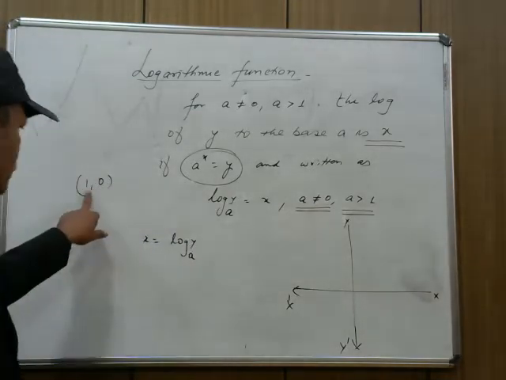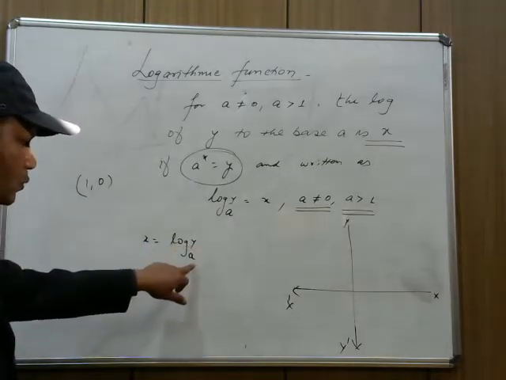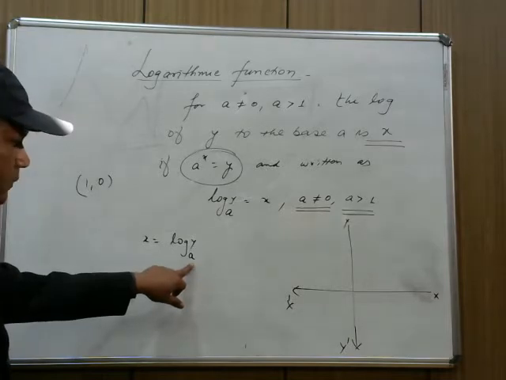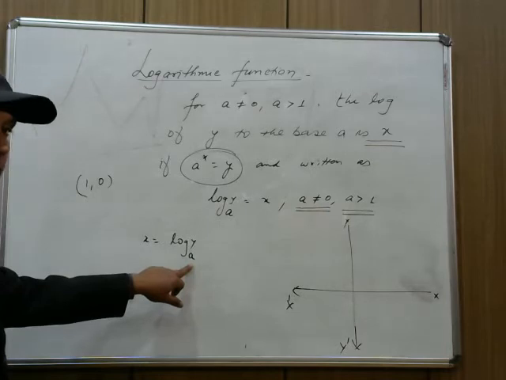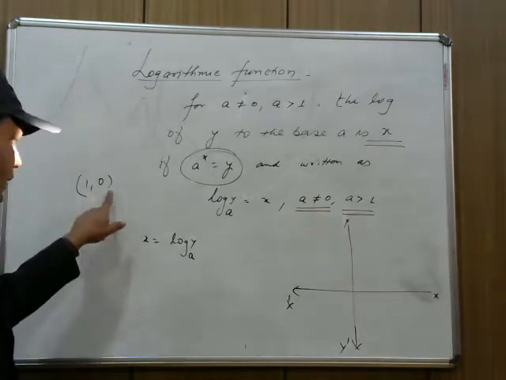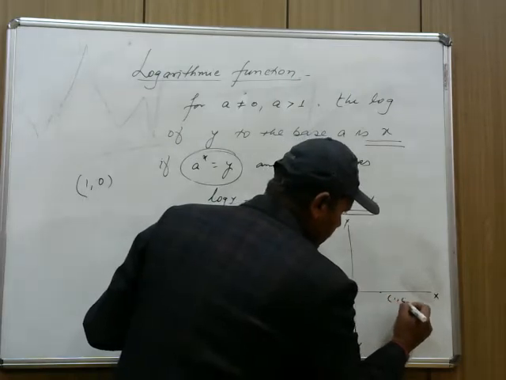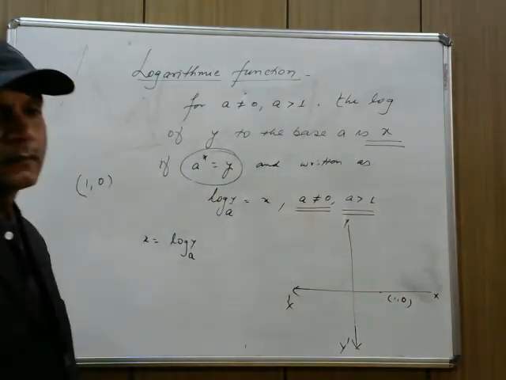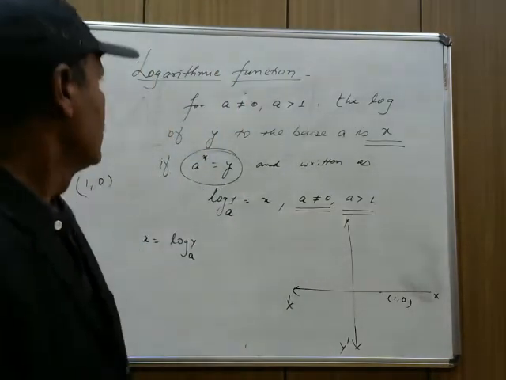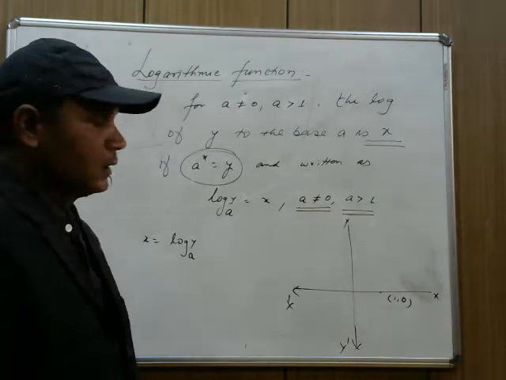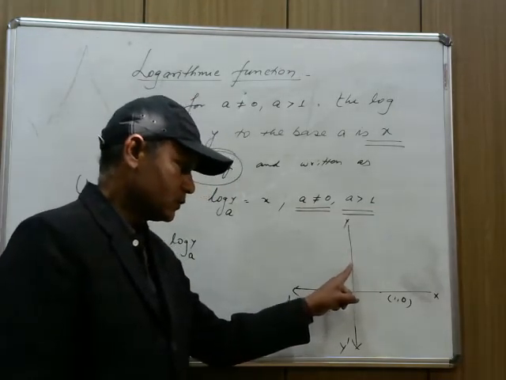Whatever the value of the base a is, the log of 1 to the base a will become 0 only. That means certainly it will pass through the one point 1, 0. If you remember, when I was discussing the exponential form, that had one point on the y-axis common, 0, 1.